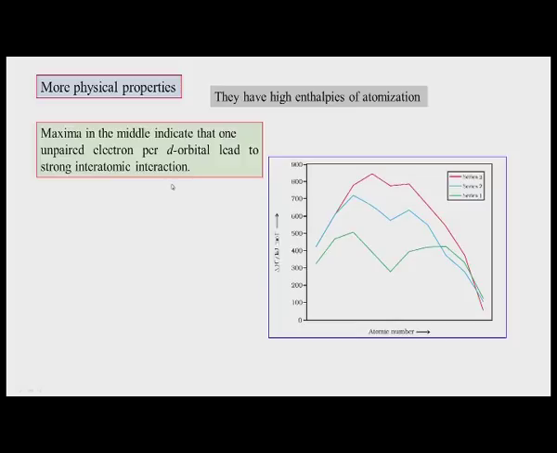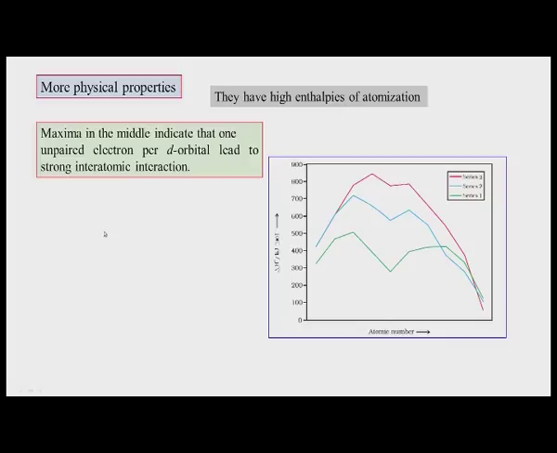If you have very strong interatomic interactions like that of chromium, chromium will also have 6 electrons, but all of them are not unpaired, but a large number of electrons in chromium, molybdenum and tungsten may lead to strong interatomic interactions. So, this strong interatomic interaction may lead to a very high enthalpy of atomization.